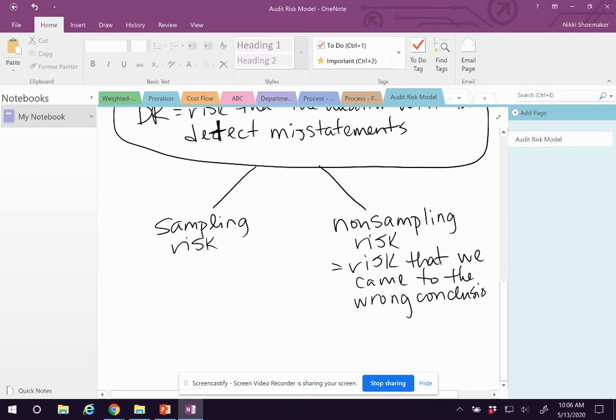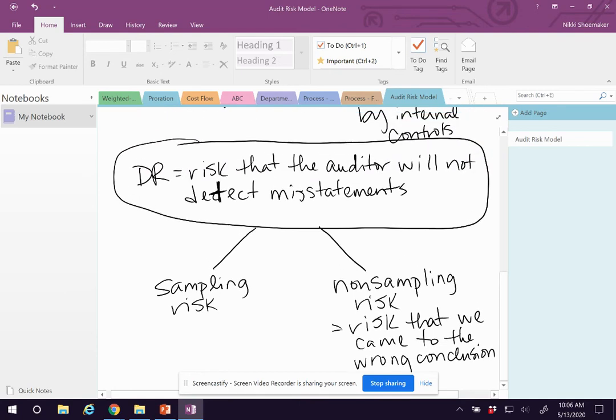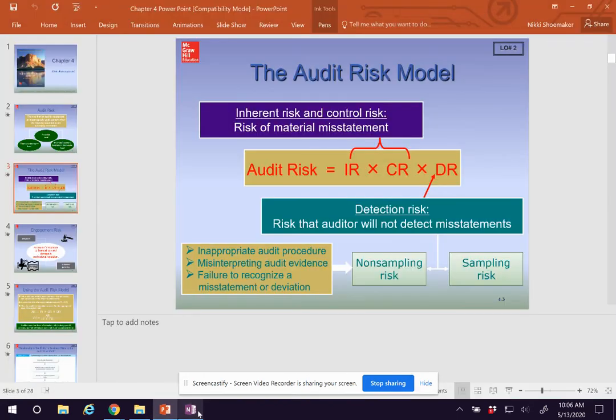And that is a part of that detection risk. Now, detection risk, auditors have control over. So with detection risk, we can determine how much we're going to sample, what kinds of things we're going to sample, how much time we're going to spend on these things. Detection risk is within our control. Now, why do we care about these things in the first place?